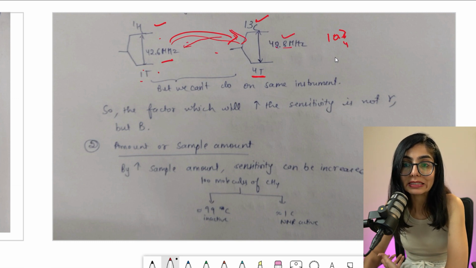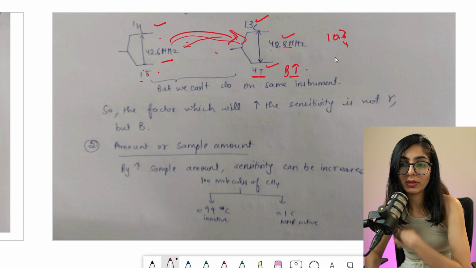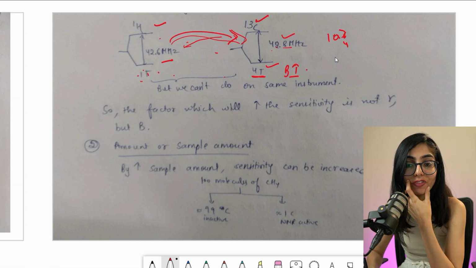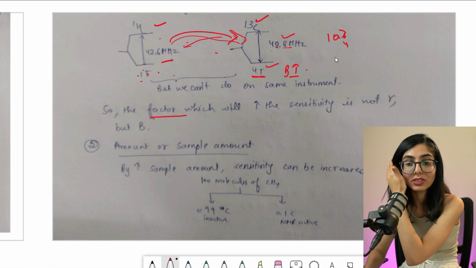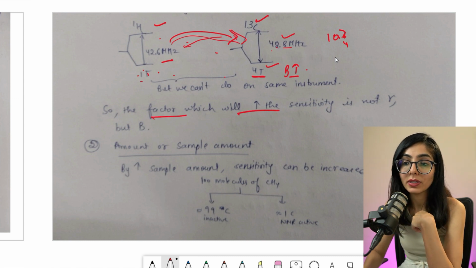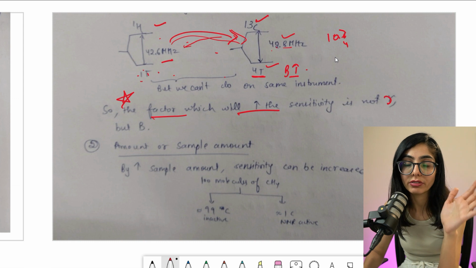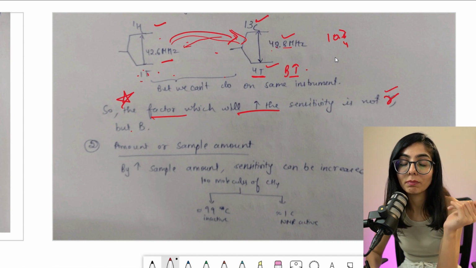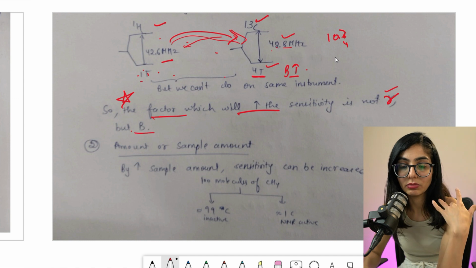So yes, we can increase the sensitivity, we just increase the magnetic strength. But we can't do it on the same instrument, that is the limitation. So always remember that the factor which increases the sensitivity is not gamma, because it is constant, though different for different atoms, but the magnetic strength increment.